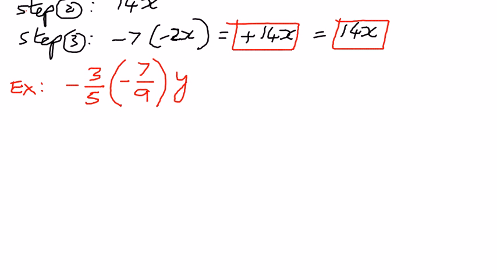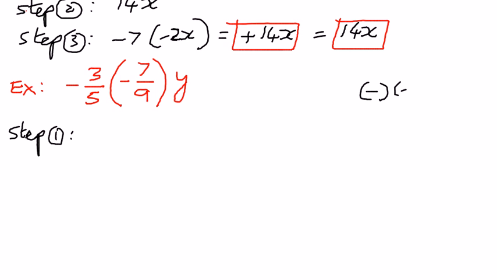Let's say we have something like this. And when we look at this, all of this is multiplication. There is no addition or subtraction involved in here. Therefore, since all of that is multiplication, we're going to use the fundamental rules.